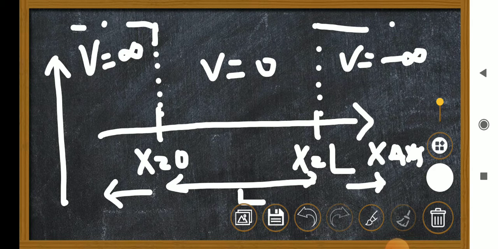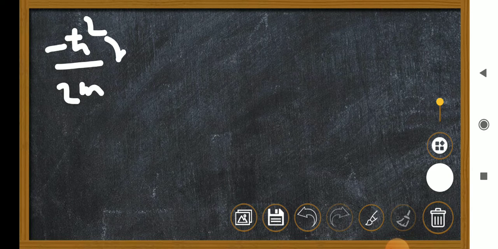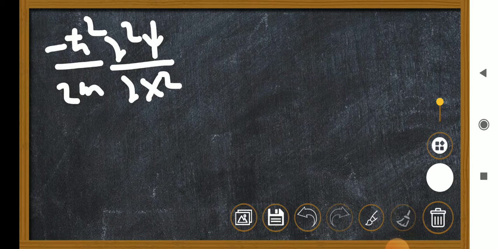So this is the basic problem. We have our two boundary conditions, and with these two boundary conditions we are going to solve this particular well. How are we going to solve this? The first step is to write the equation. X is taken because it's in the x-axis.